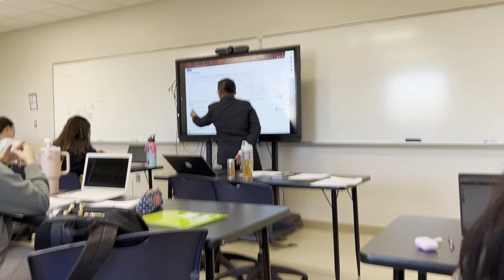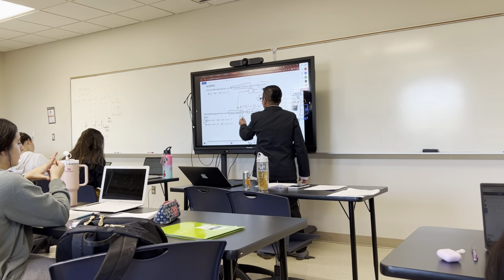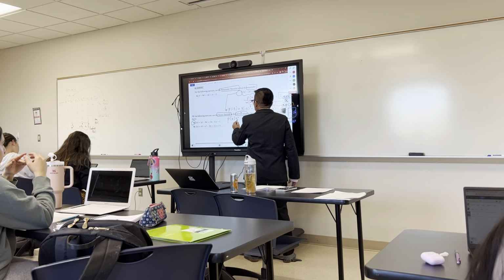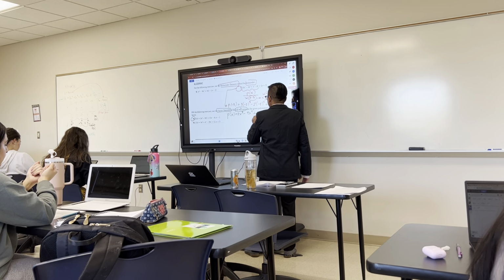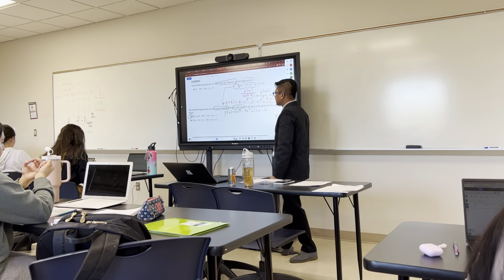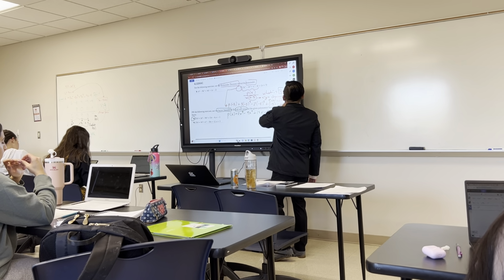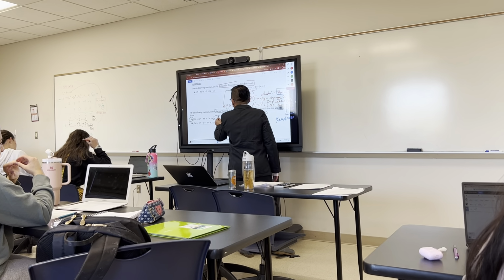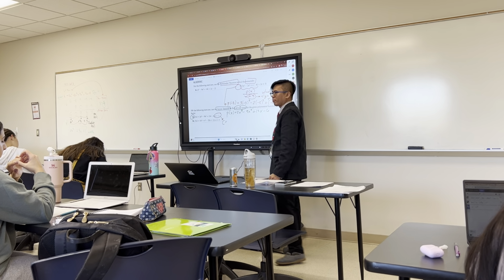So for number 14, you are given what? Your p of x is equal to what? 2x cubed minus 9x squared plus 13x minus 6. You are given a factor x minus 1, which means that in this case your c is equal to what?